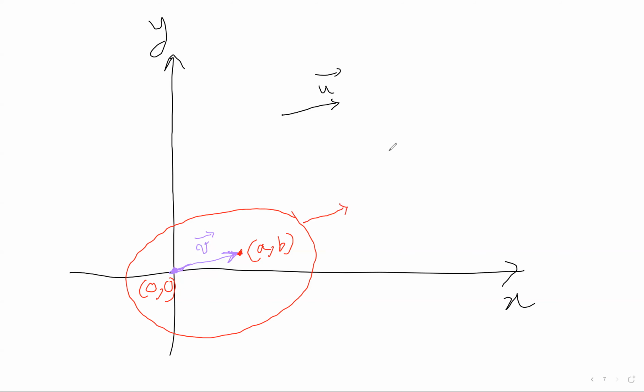So we show V by this notation. So this notation means that the initial point is 0, 0, and the end point is AB.